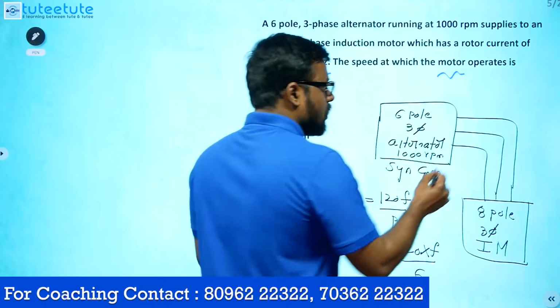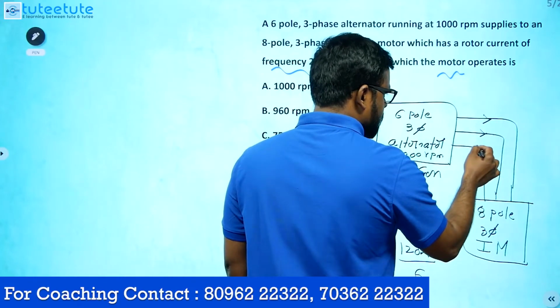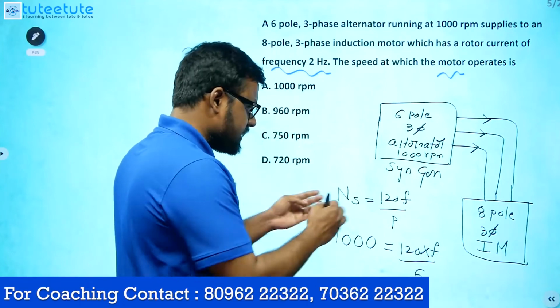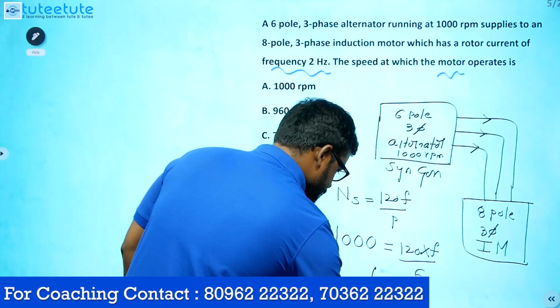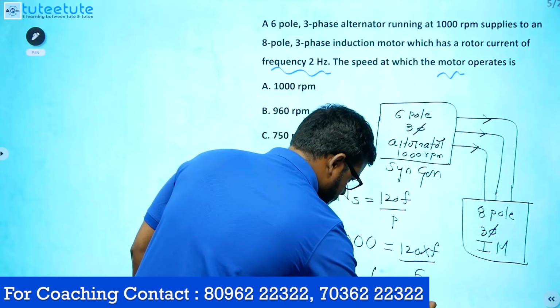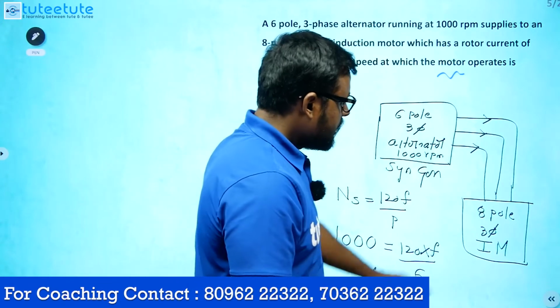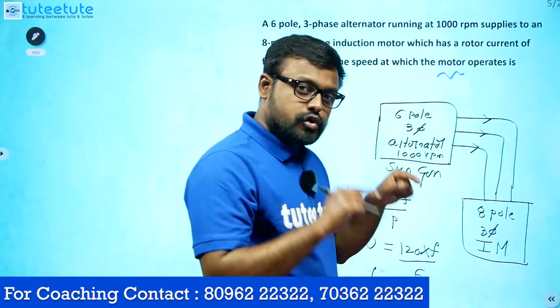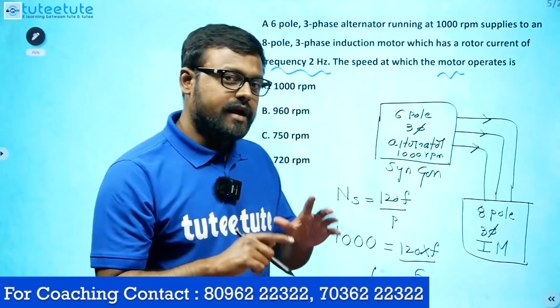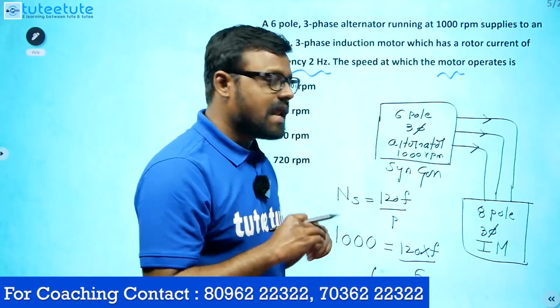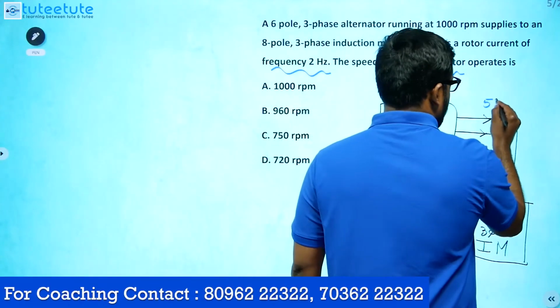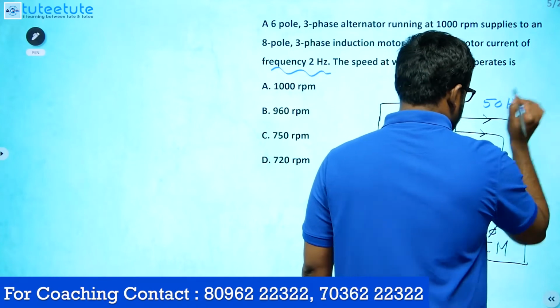Therefore F is equal to 50 Hz. That means the induction motor stator has a 3-phase armature winding. So in that armature winding, the currents and voltages will have the frequency of 50 Hz.